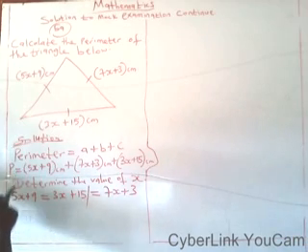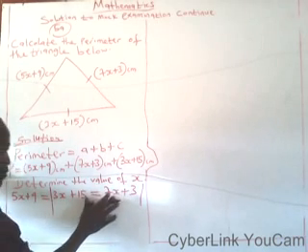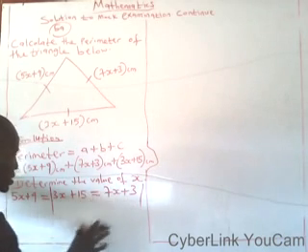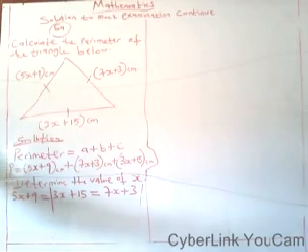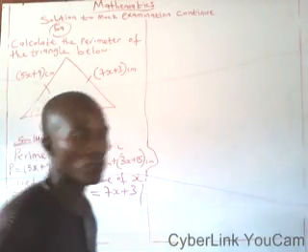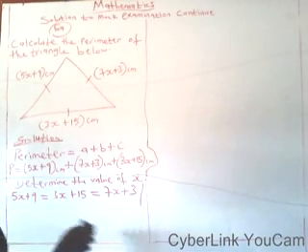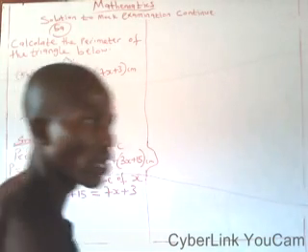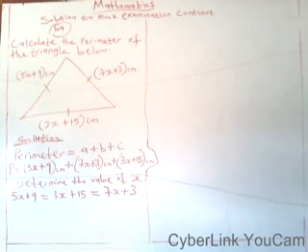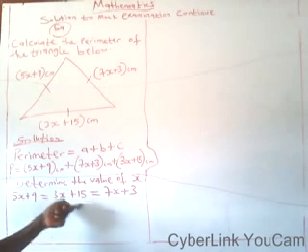Or are we trying to match this and this together? Any one that we equalize to each other, you are still going to arrive at the same value for x. Whether you said 3x plus 15 is equal to 7x plus 3 and use it to determine your x, you are going to arrive at the same answer as when you said 5x plus 9 is equal to 3x plus 15.